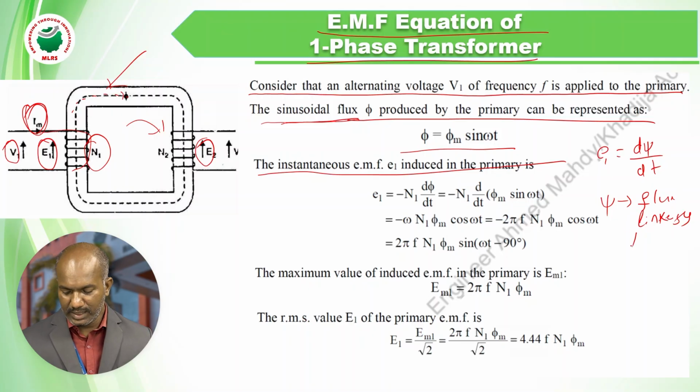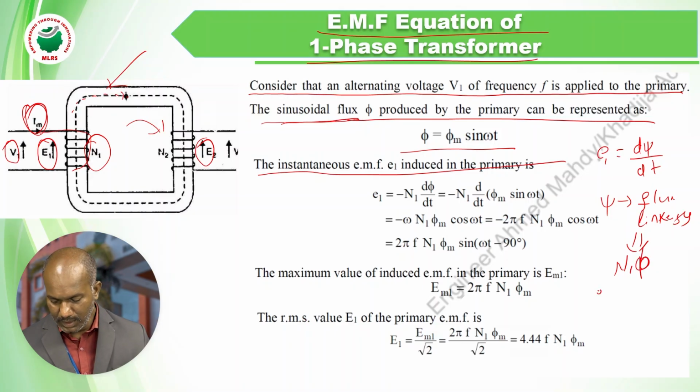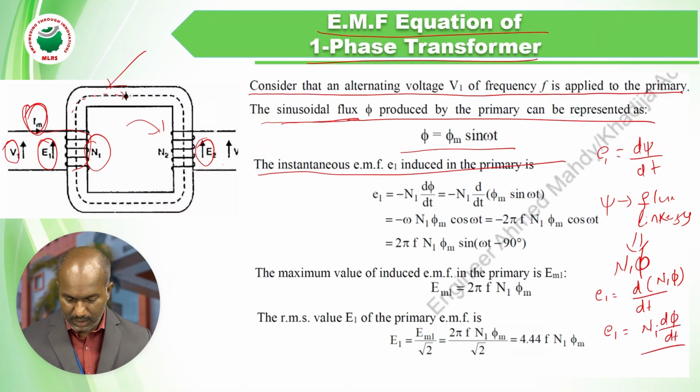So total flux linkages are given by N1 into phi. That implies E1 is equal to d by dt of N1 into phi. So E1 is equal to N1 into dphi by dt. Okay, that is written here. E1 is equal to N1 into dphi by dt.